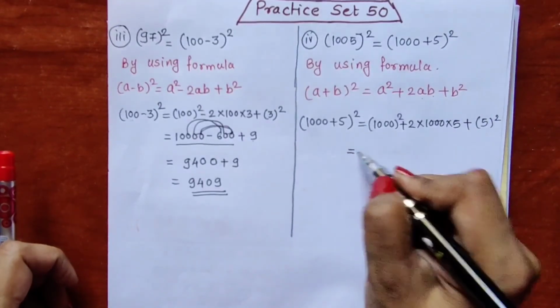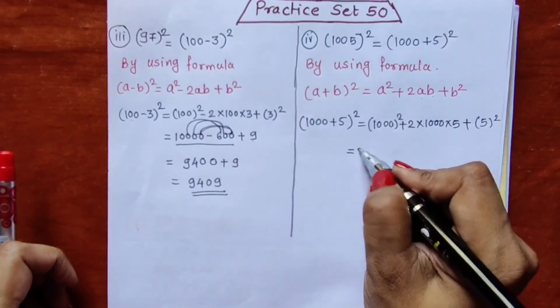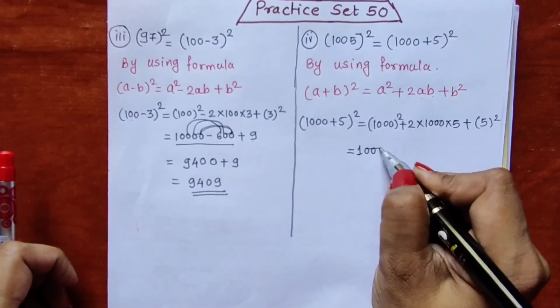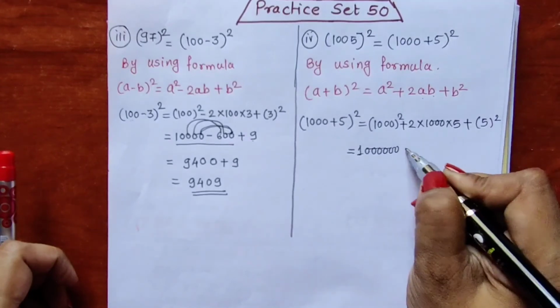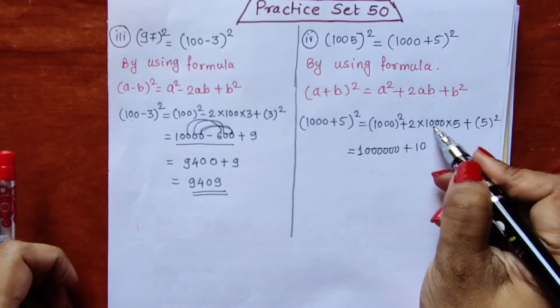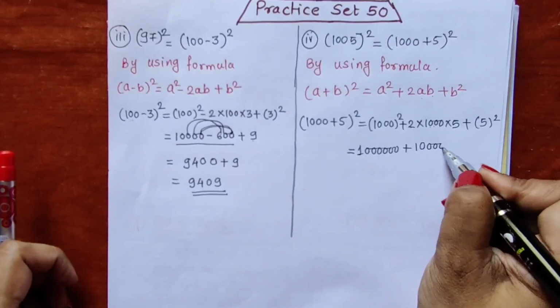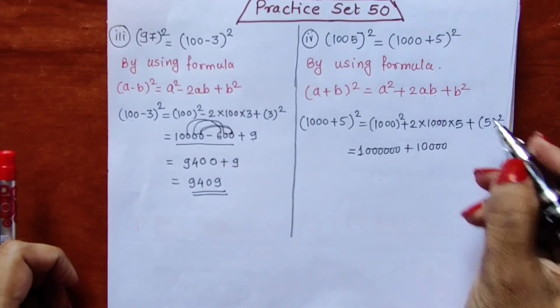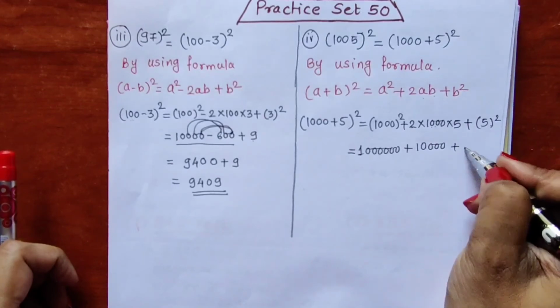Now solve. 1000 square, 1 square is 1, 3 zeros are there, we will put 6 zeros. Okay, then 2 5s are 10, and after 10 we will put these 3 zeros again. 10 into 1000 will be 10,000. Then 5 square is 25.